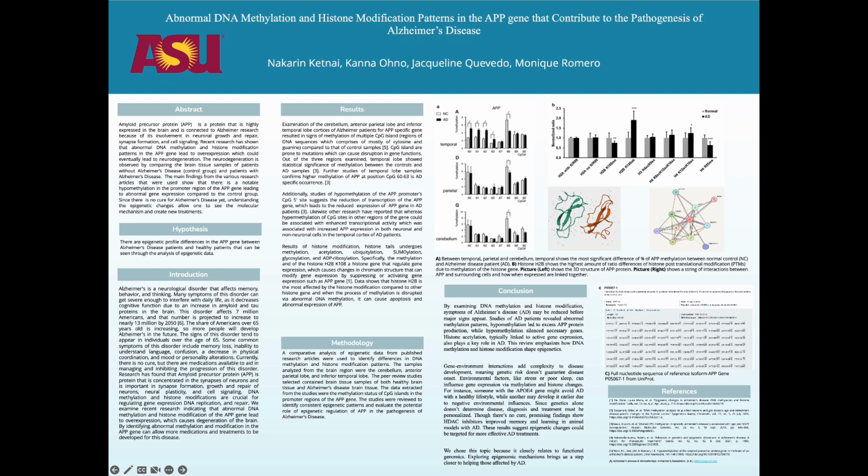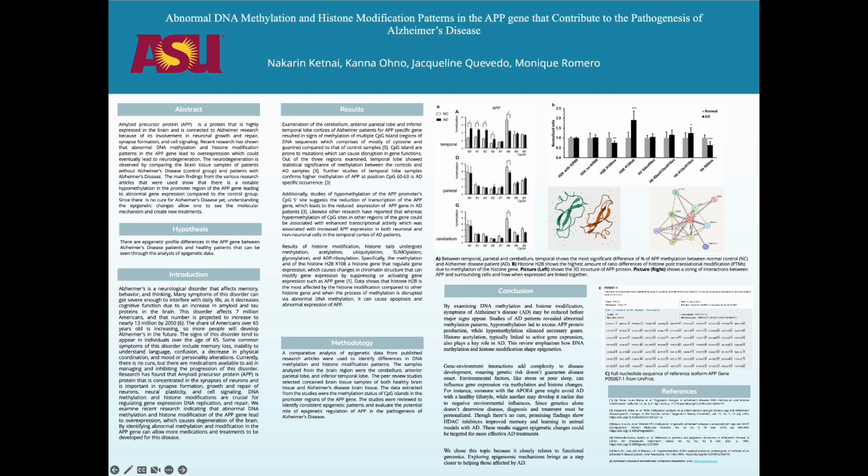We examined recent research indicating that abnormal DNA methylation and histone modification of the APP gene lead to overexpression, which causes degeneration of the brain. By identifying abnormal methylation and modification in the APP gene, this can allow for more medications and treatments to be developed for this disease.